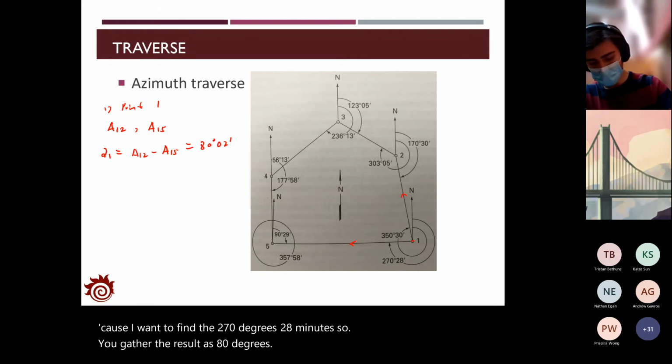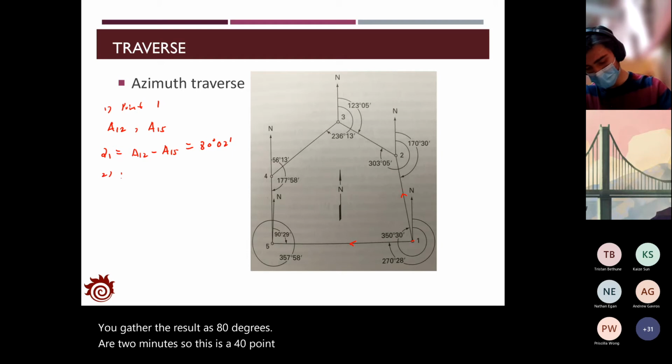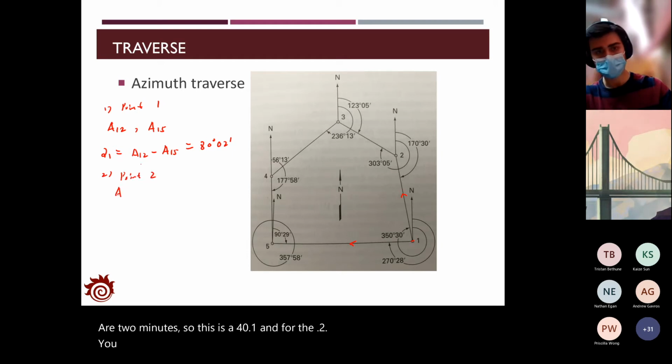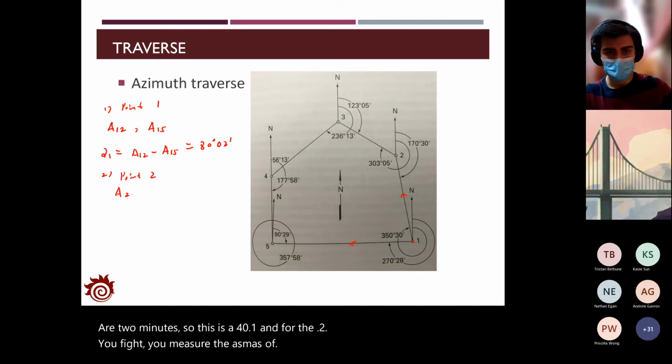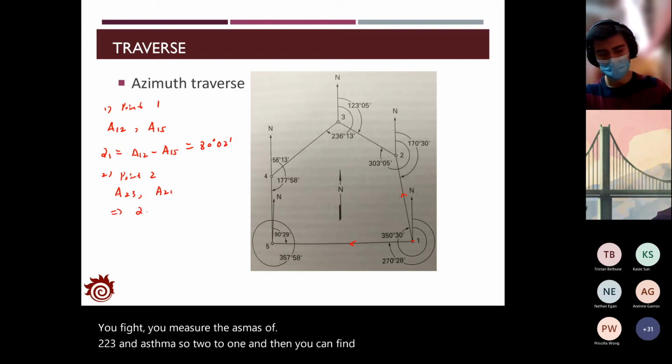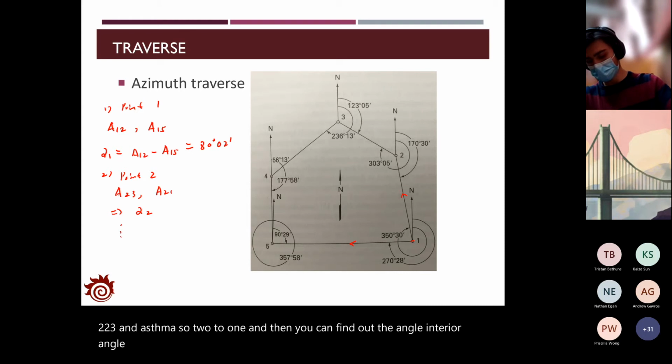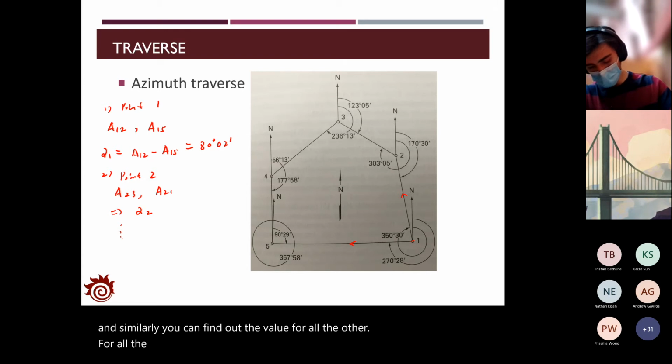So this is for point 1, and for point 2, you measure the azimuth of 2 to 3 and the azimuth of 2 to 1, and then you can find out the interior angle alpha 2. And similarly, you can find out the value for all the other points of this polygon.